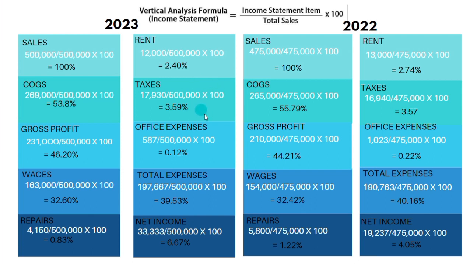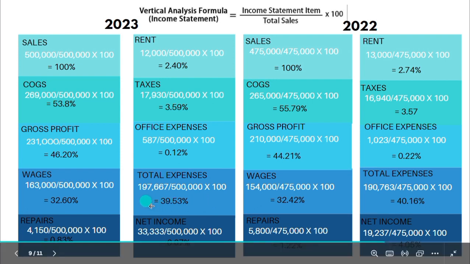For the office expenses, meron silang 587 divided by 500,000 na sales times 100 is equals to 0.12%. For the total expenses, meron silang 197,667 noong 2023 divided by the sales which is 500,000 times 100 is equals to 39.53%.